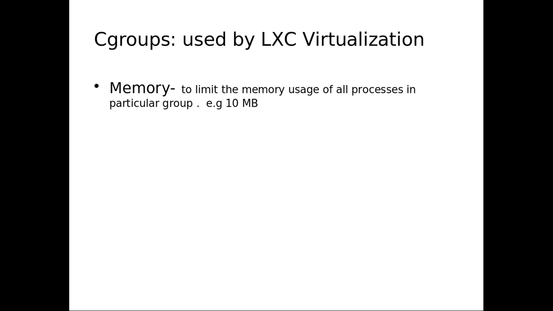So, the memory cgroup restricts a group to access memory only up to certain limits. For example, if a process wants to access 10 MB of memory, just type this command: sudo echo the value into the file in the file system, inside fs, cgroup, memory, memory.limit_in_bytes.